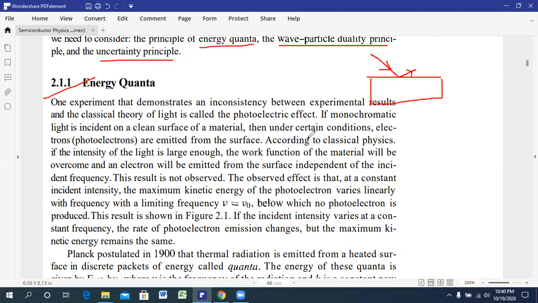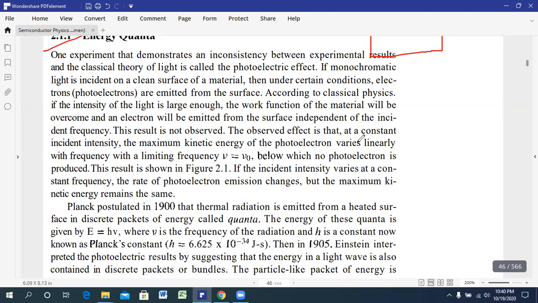The minimum amount of energy required to remove this electron from the surface is known as the work function. These things are described by Planck's postulates.